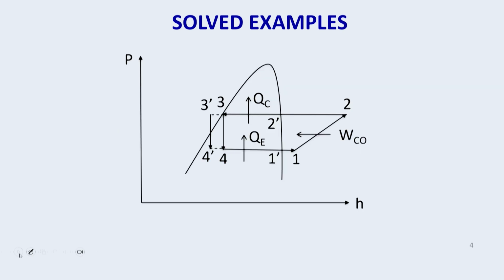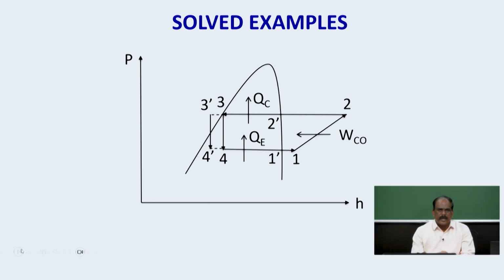So let me explain again with the diagram. Without subcooling, the condenser heat load is H2 minus H3. With subcooling, it is from 2 to 3 dash, because the subcooling takes place in the lower part of the condenser. As I explained in one of the lectures, some additional heat transfer surface area would be provided in the condenser for the subcooling process to take place.